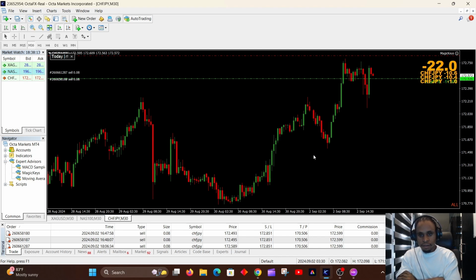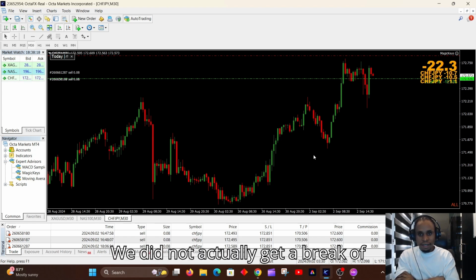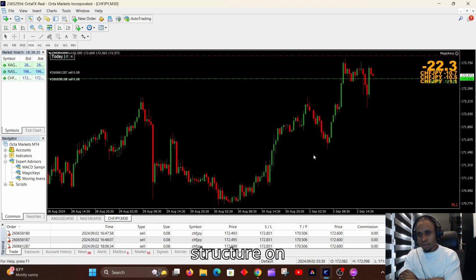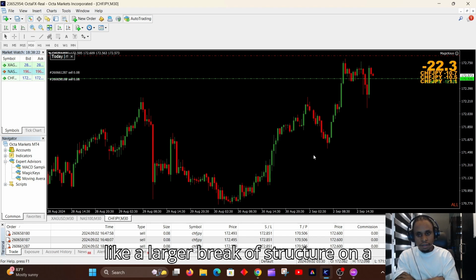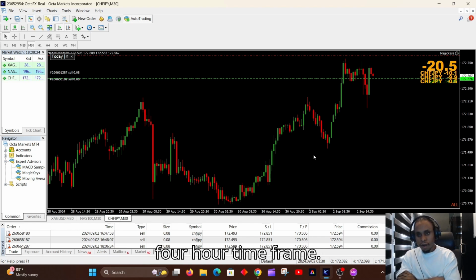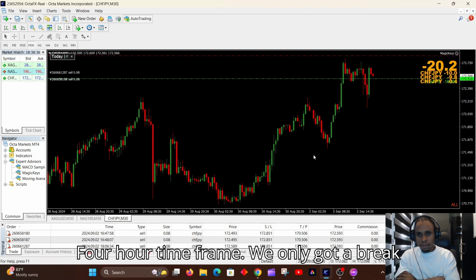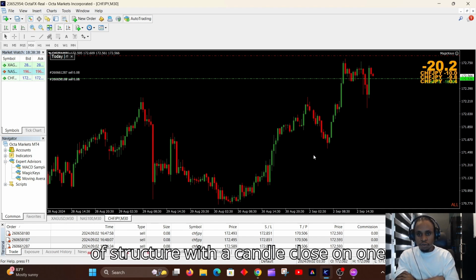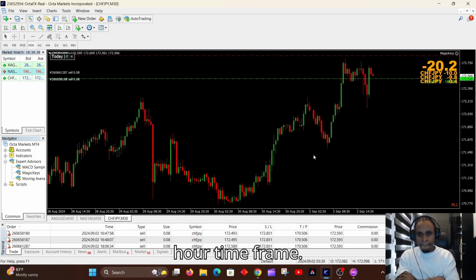That's okay. We did not actually get a larger break of structure on the 4 hour time frame. We only got a break of structure with a candle close on the 1 hour time frame.